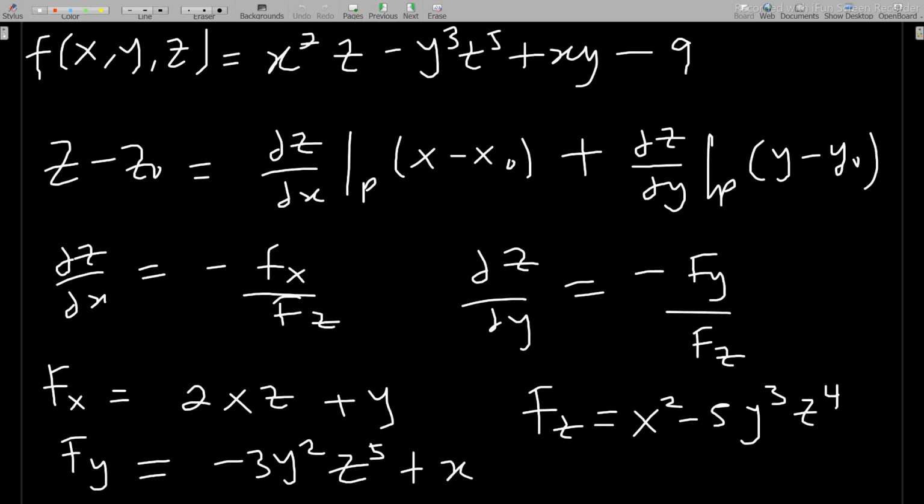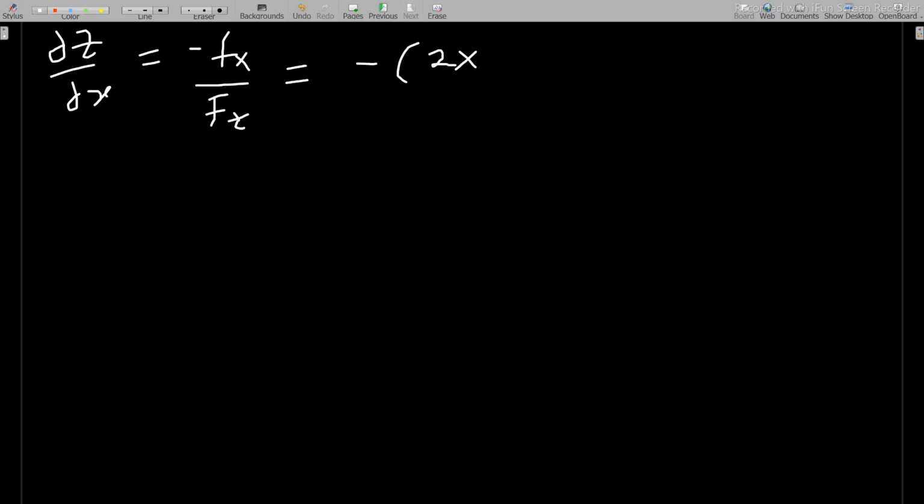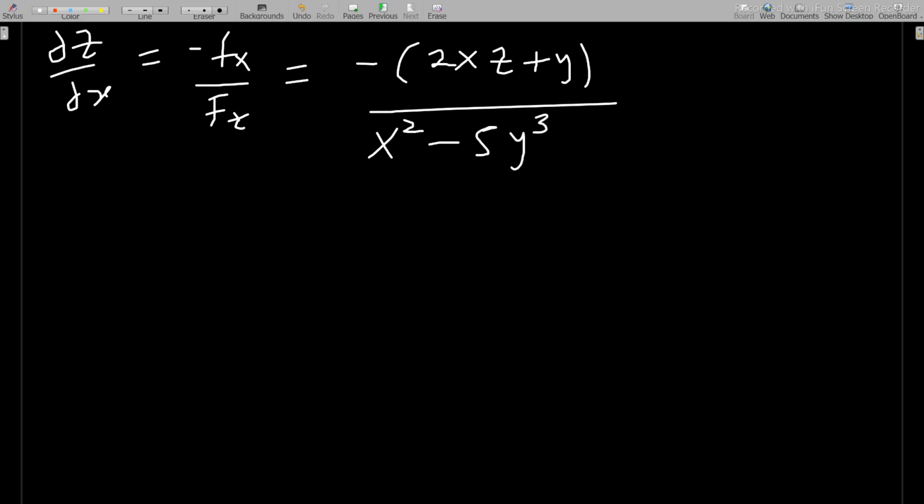So we know that del z del x is equal to minus fx over fz. Fx is 2xz plus y, so minus 2xz plus y all over fz, which is x squared minus 5y cubed z to the 4th power.